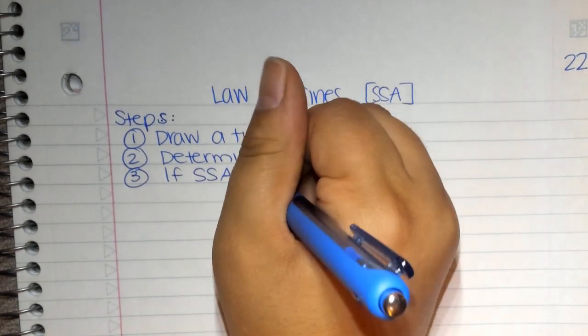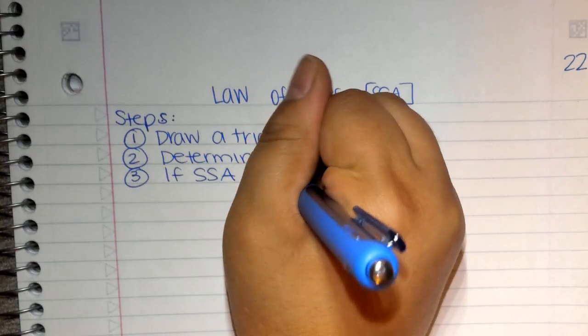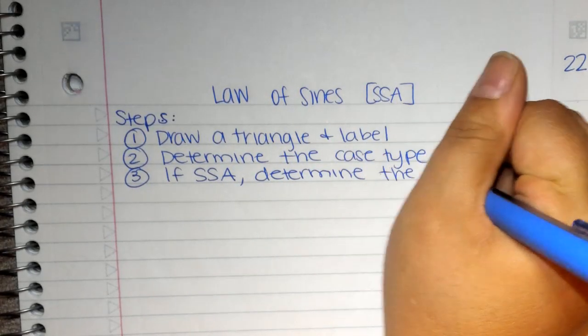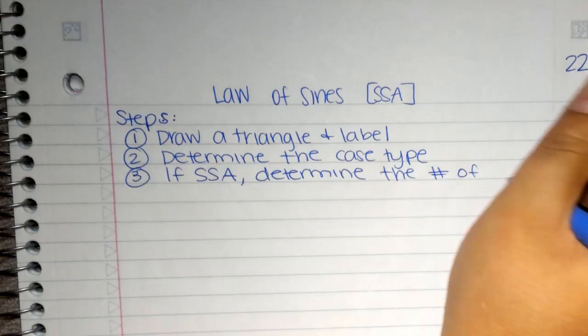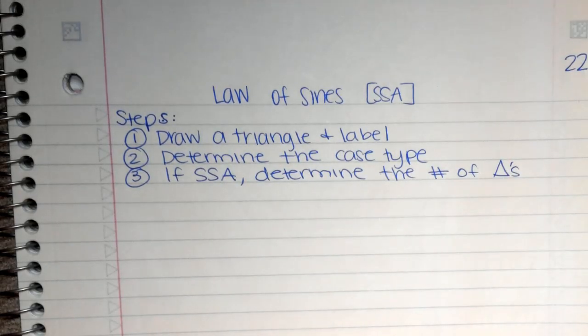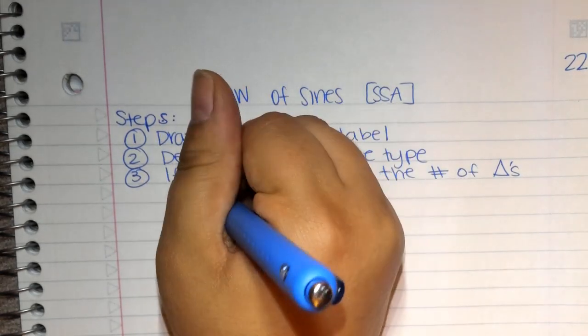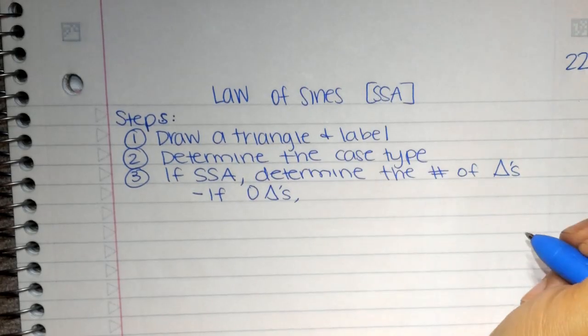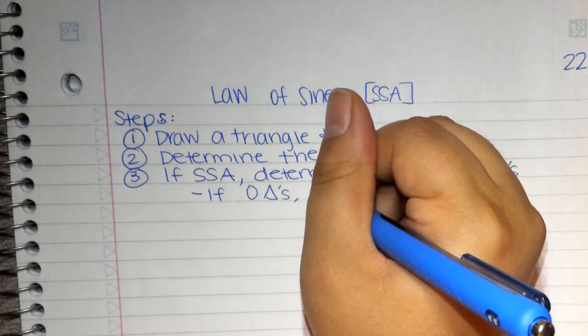If it's SSA, now you need to determine the number of triangles. If you determine that it is 0 triangles, you're done.